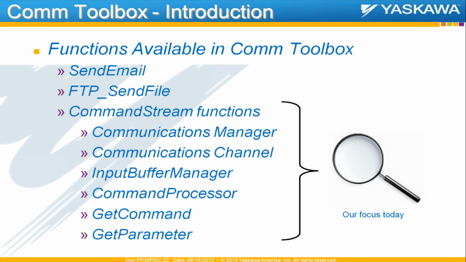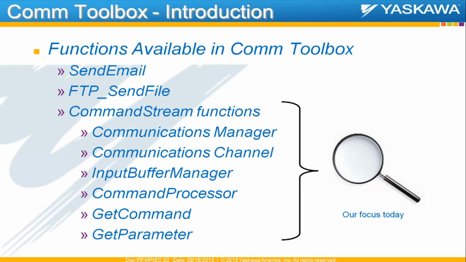All right, so just a brief summary again on the command stream functions. There's about 6 different functions that are part of the Comm Toolbox to make this work, and we'll graphically represent those in a couple slides before we go into the demonstration. So overall, there's a communications manager, and this is in order here on the screen.